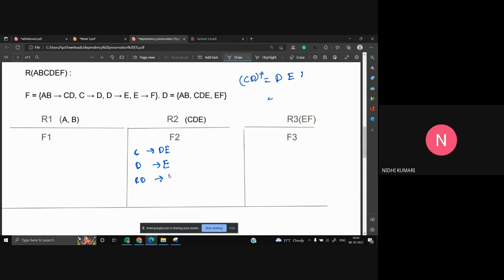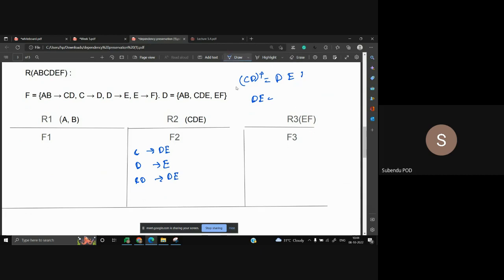Then you have to take DE. What will we get? D closure. So D only gets E. So this is a trivial functional dependency.